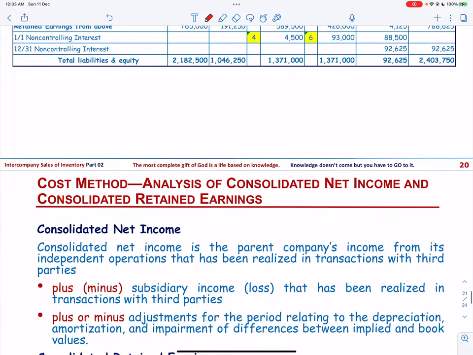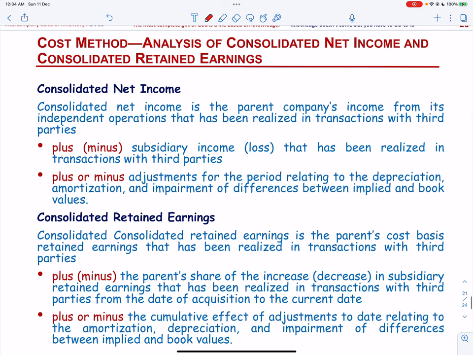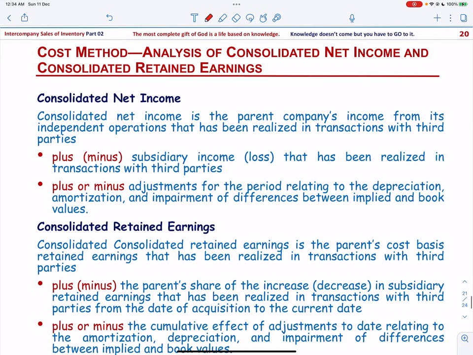So next we look into the analysis of consolidated net income and consolidated retained earnings.